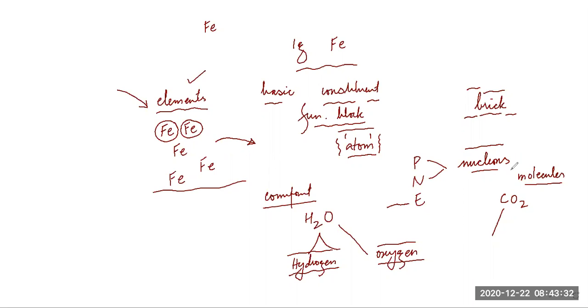It is molecules made up of atoms of different elements. Like the basic building block of carbon dioxide gas is CO2. That means one carbon atom, somehow, which we will explain later on, is bonded to two oxygen atoms, and this becomes the basic building block of carbon dioxide.